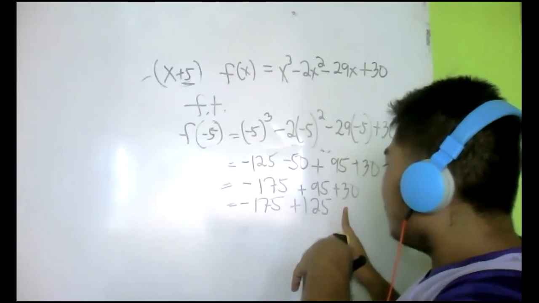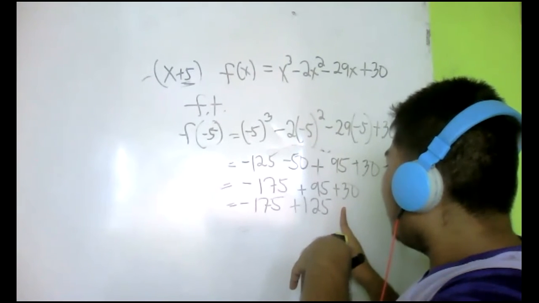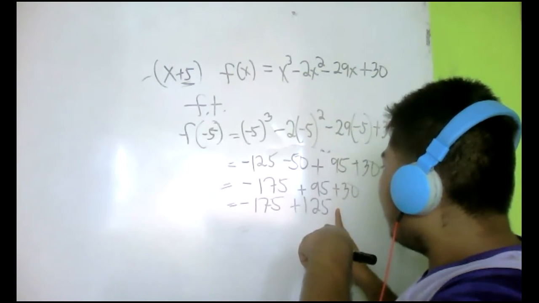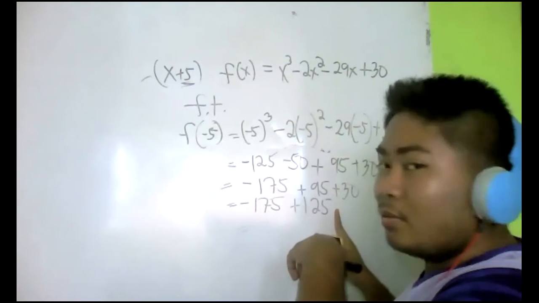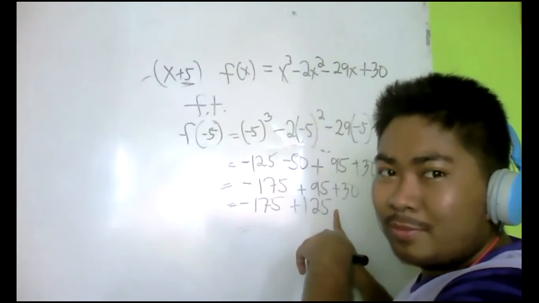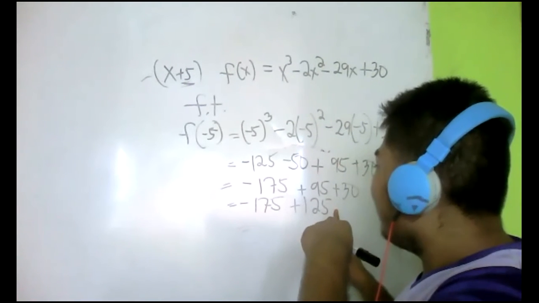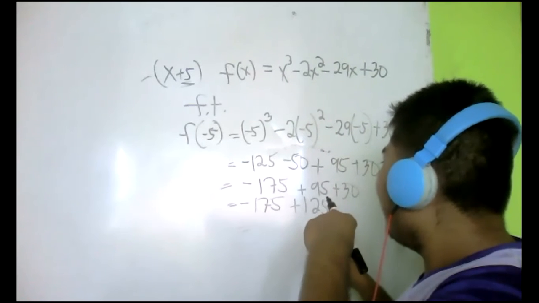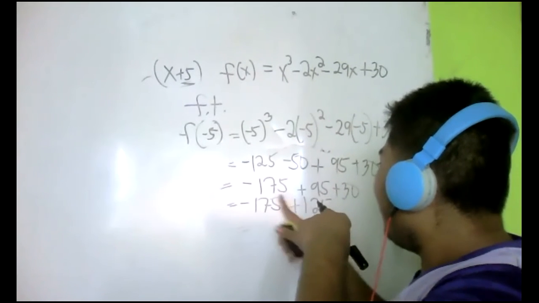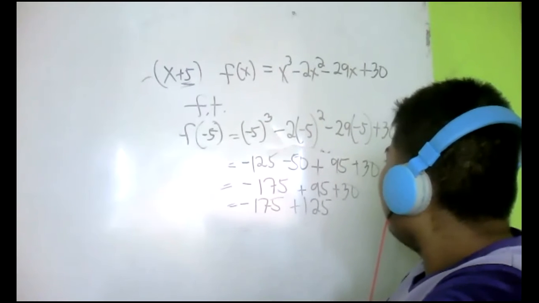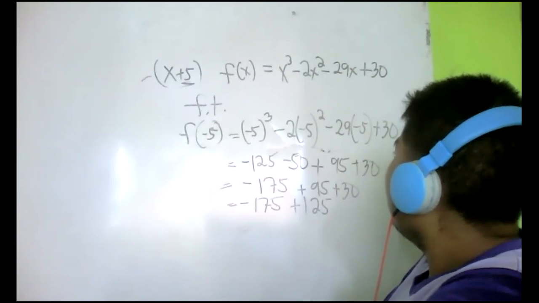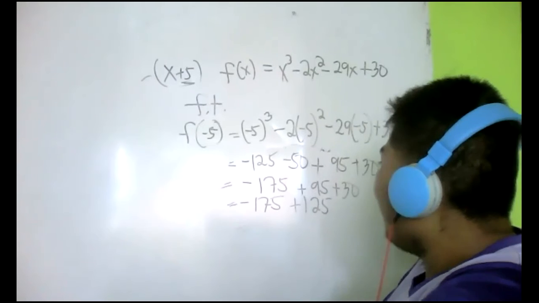Negative 50, sir. Negative 175 plus 125 is negative 50. Hindi pa. 75 ba to? Parang mali na naman tayo. Tama naman, sir. Tama ba?